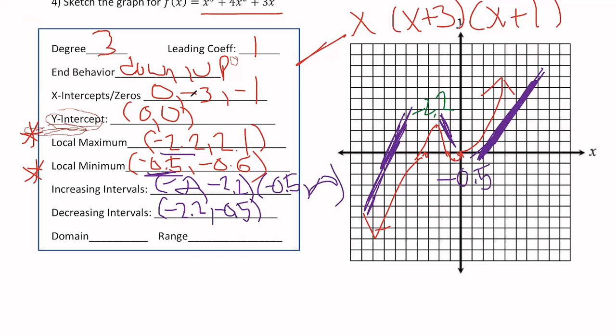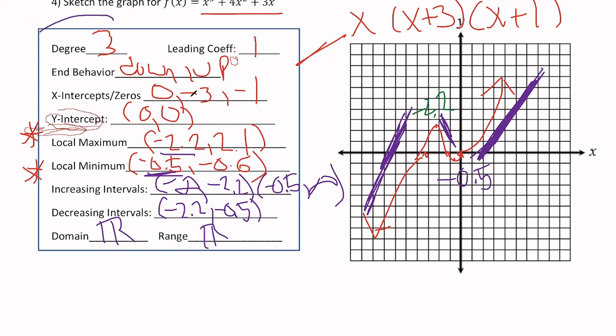Okay. Domain and range, you just want to use your finished product. Your domain goes to the left and right forever, so that would be all real numbers, or you could write from negative infinity to positive infinity if you want to use intervals. Our range is a similar case. It goes down forever and up forever, so this would also be all real numbers.